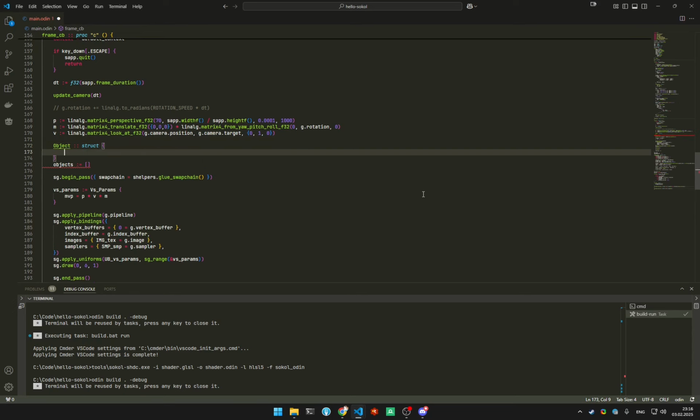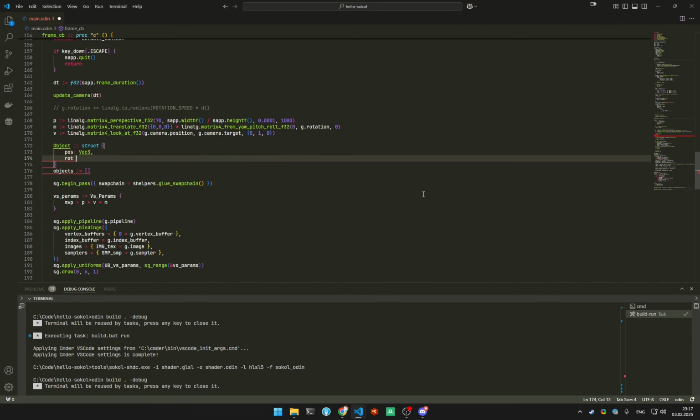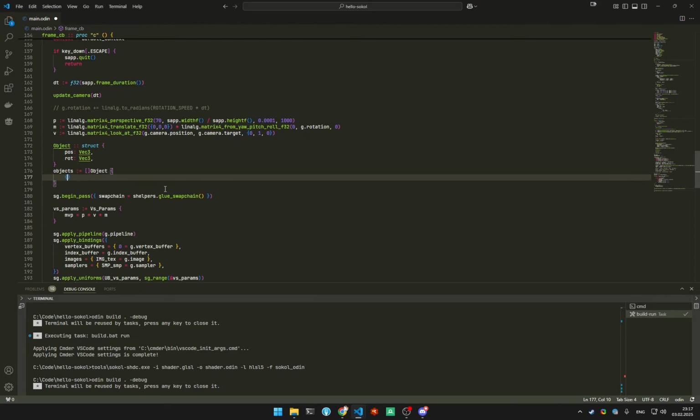That would be a structure of, I don't know, position, just position of vector 3, right? Rotation of vector 3, so we will use yaw, pitch, and roll, because it's very easy to understand. And yeah, that's it for now. So let's have a bunch of these objects. Let's have one at 0, 0, 0 with actually no rotation at all, right?